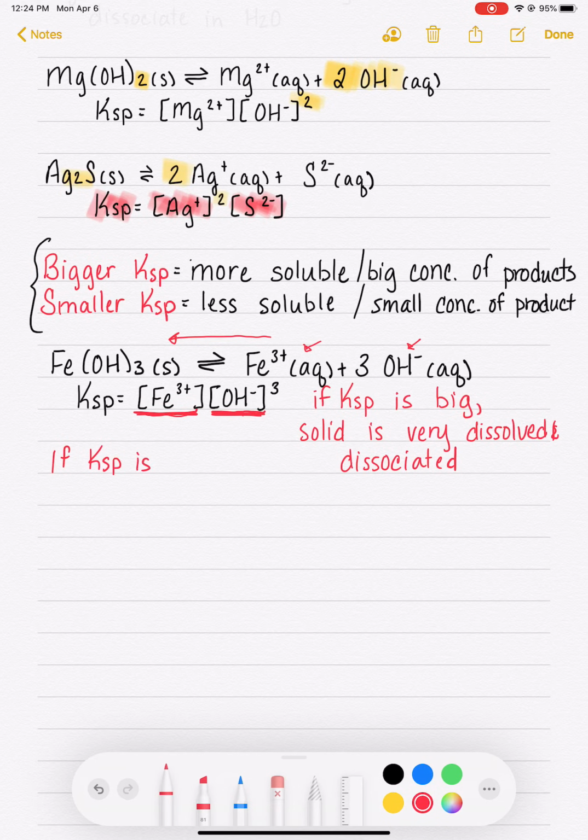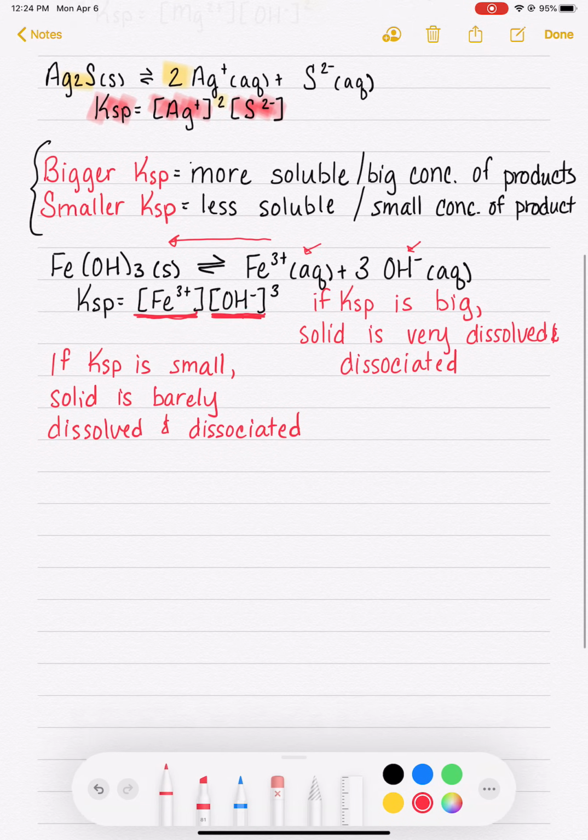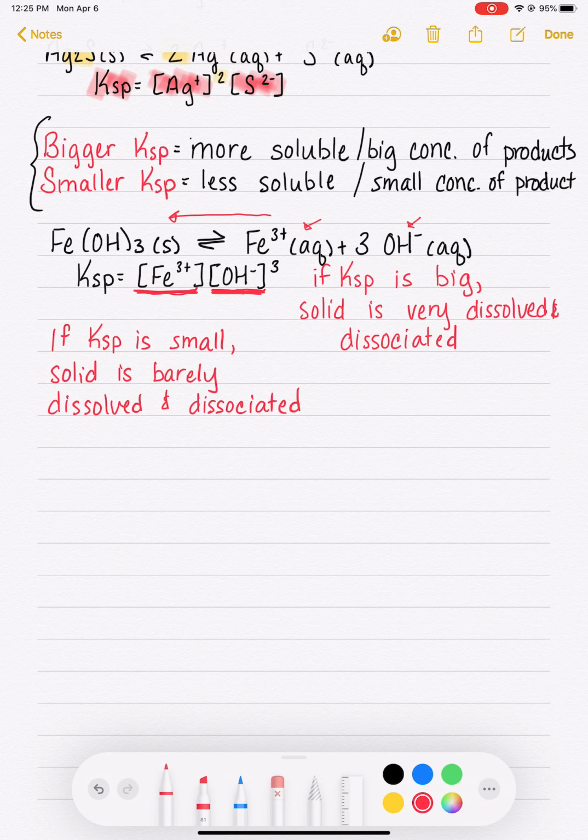If the KSP is small, the solid is barely dissolved or dissociated. So the value of the KSP gives us information about how much a solid substance is willing to dissolve and dissociate. We can also use the value of KSP to make predictions about the saturation of a solution.